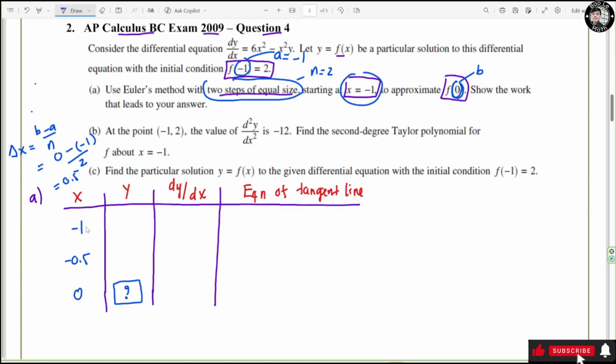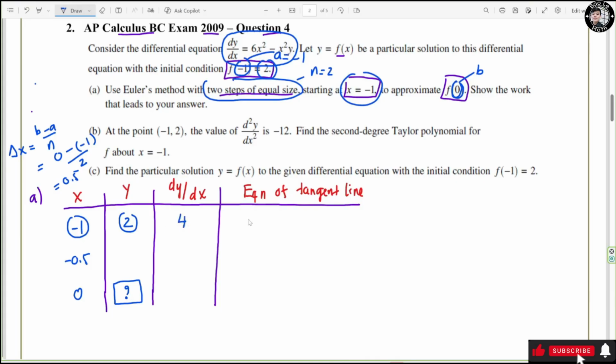So at the initial value x equals -1, y equals 2, you just put 2 over here. So you're going to substitute -1 and 2 into the differential equation right here to find dy over dx. If you substitute over here, it's going to be 6 minus 2, so it's going to be 4.